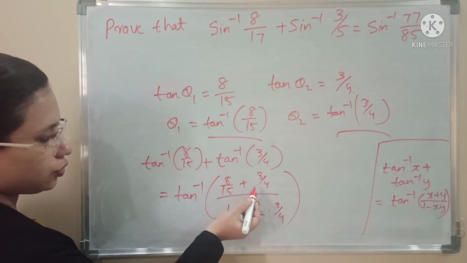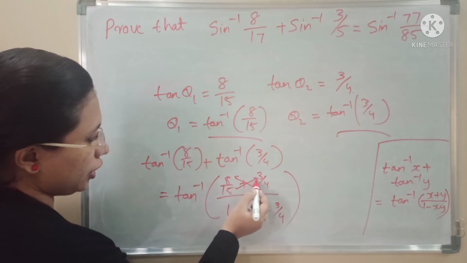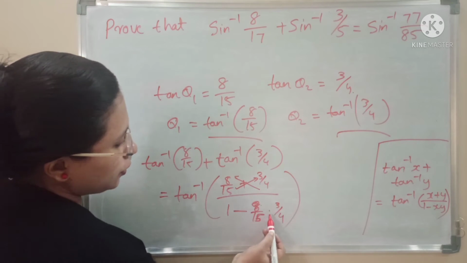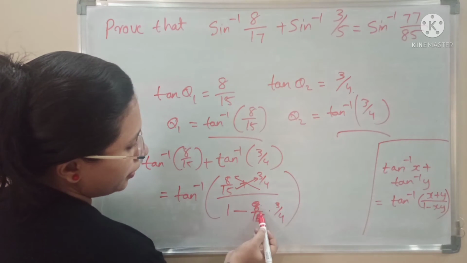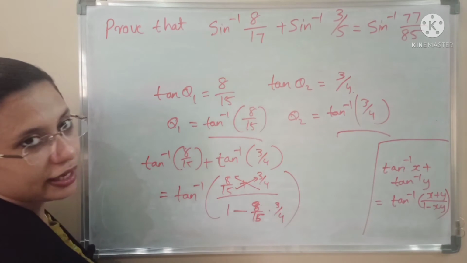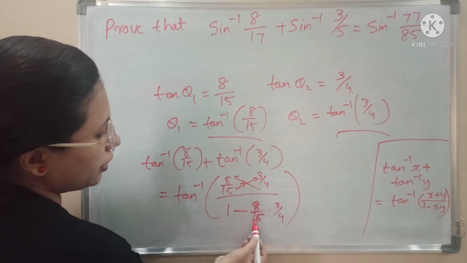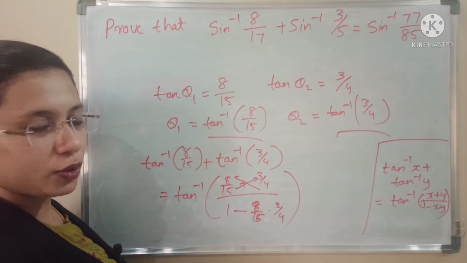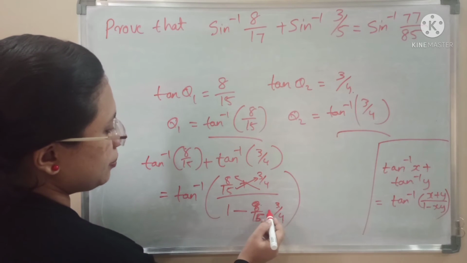Here we'll do the cross multiplication. Also here we can multiply directly, 8 into 3, 15 into 4, because this is multiplication.